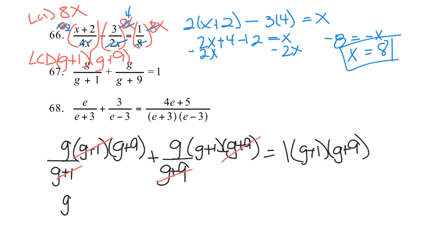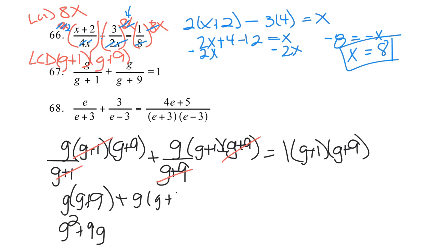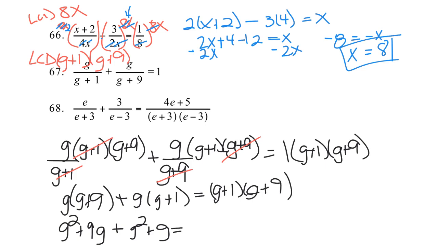g times g plus 9, which is g squared plus 9g, and I get plus g times g plus 1, and that's plus g squared plus g, equals g plus 1 times g plus 9, and that equals g squared plus 10g plus 9.